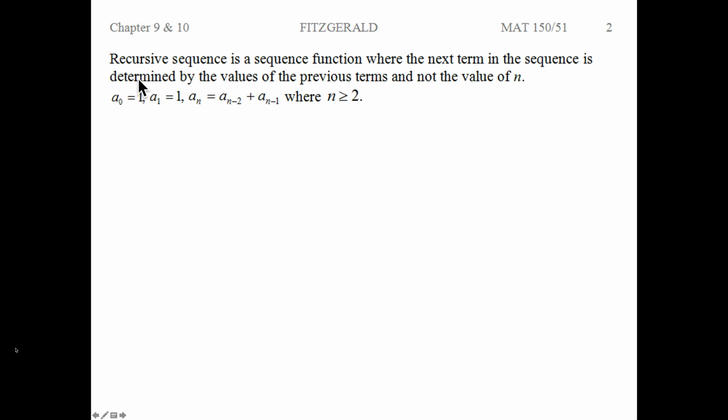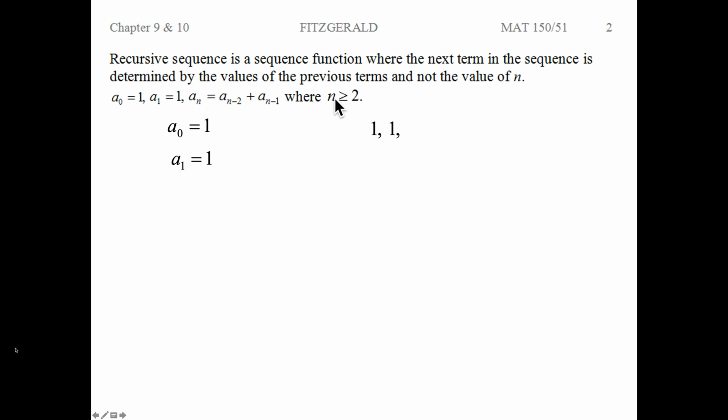Oy. So in my example here it says a sub 0 is 1. A sub 1 is 1. So they're starting off our sequence with a 1 and a 1. A sub n is equal to a sub n minus 2 plus a sub n minus 1.